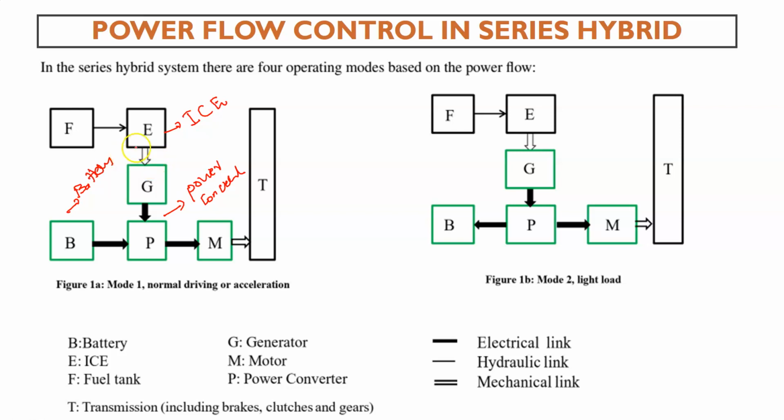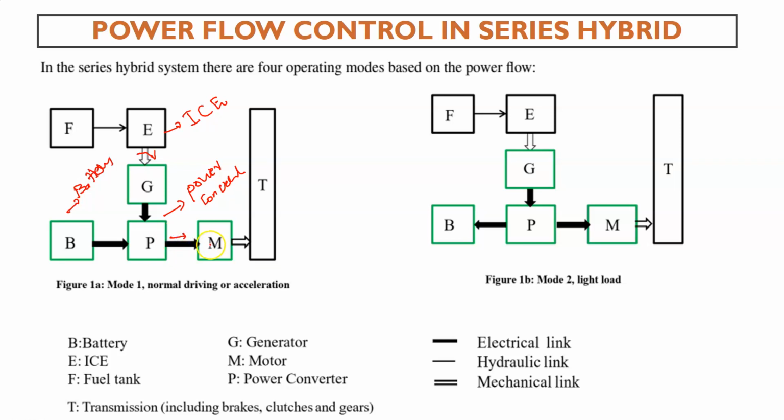That means this engine will drive the generator, and the generator will produce electrical energy, which then goes to the power converter. The power converter then delivers power to the electric motor, and hence the wheels are driven.